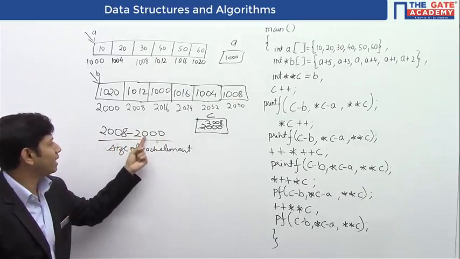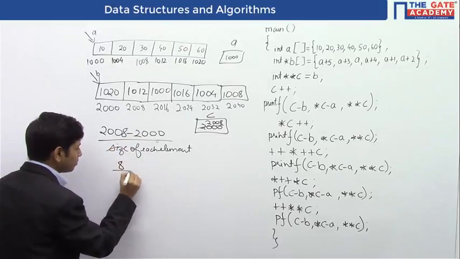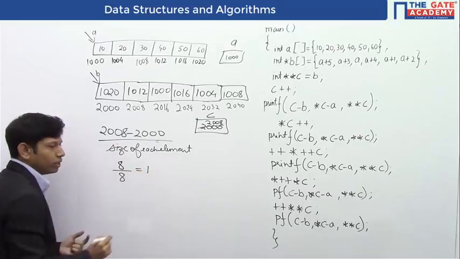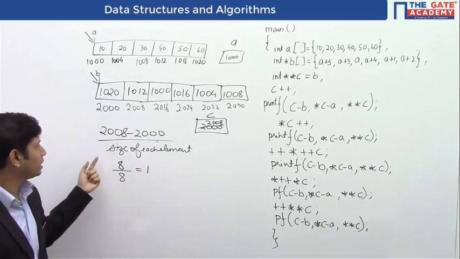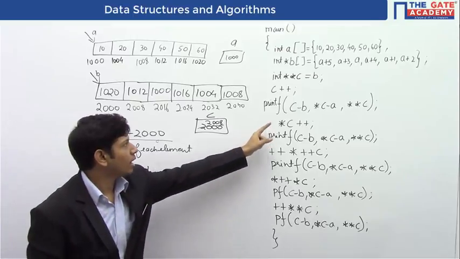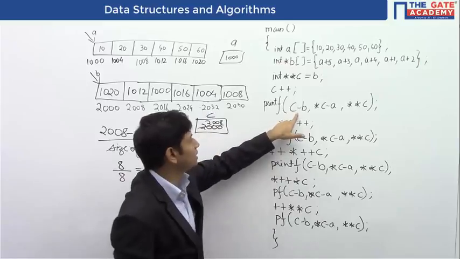So (2008 minus 2000) by 8 will be 8 by 8, which is equal to 1. So this is the value of star C plus plus or C minus B. This is the value of C minus B.